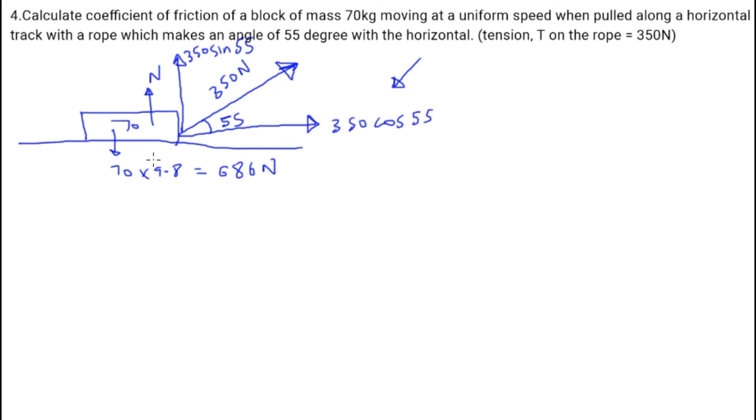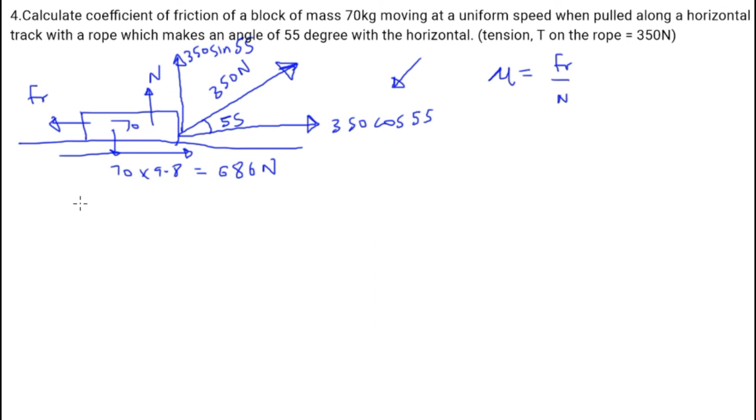So if the object decides to move in this direction, then there will be a friction in this direction, which is given as Fr. To find the coefficient of friction, notice that the formula is Fr upon the normal reaction. So we need to find an expression for normal reaction, and then Fr, then we'll be done.